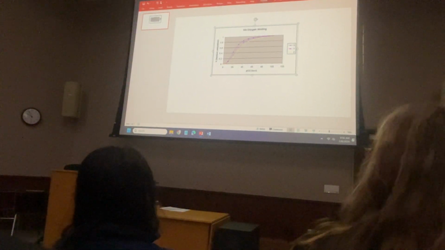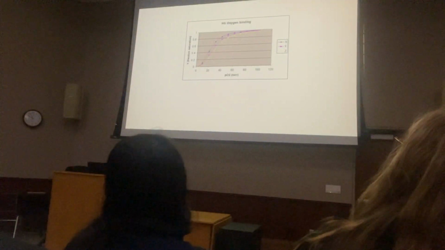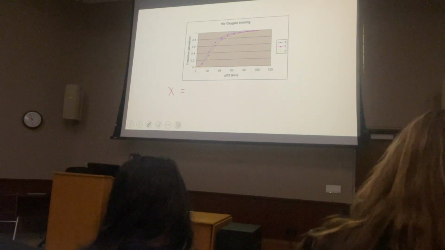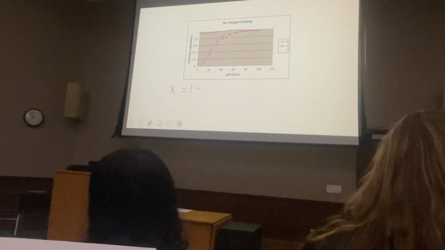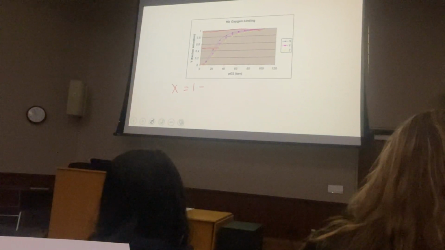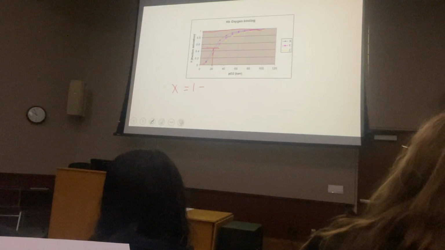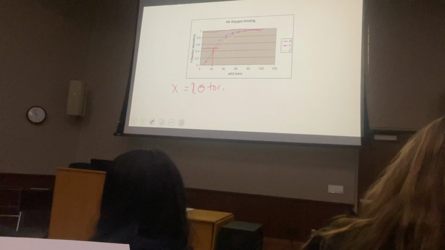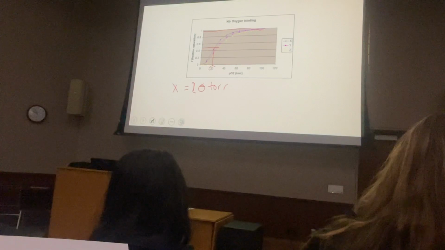So with X, we have 100% saturation, so we can call that 1, minus at a 50% range. Right? So with X, we've got about 20 torr. Okay? So that's the range, 20 torr for X.